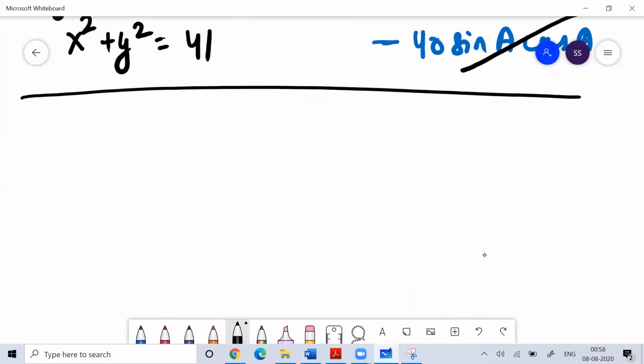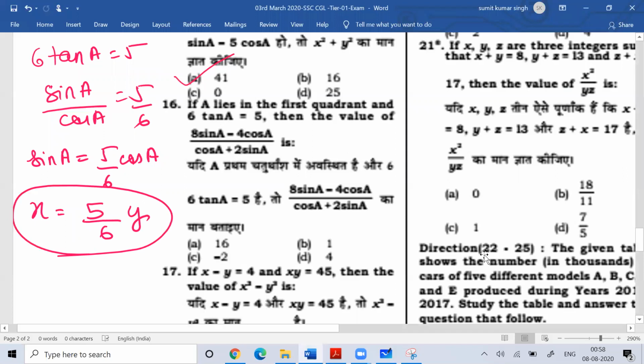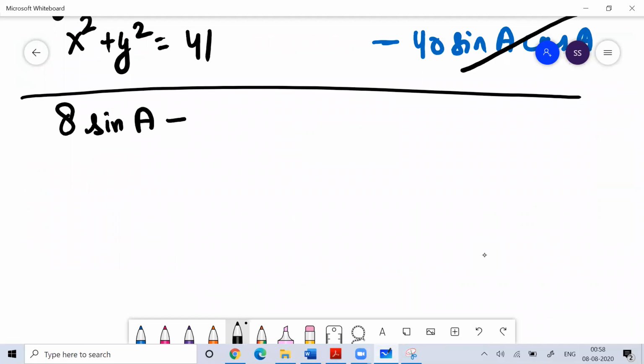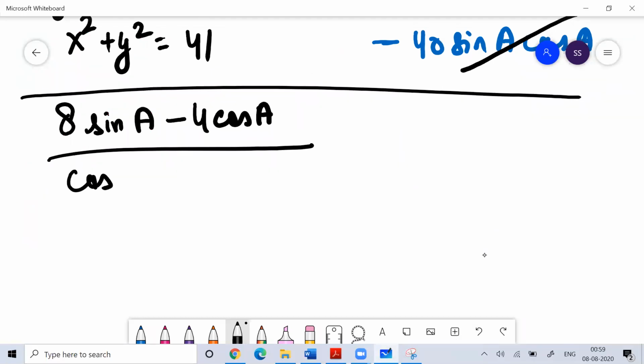So you have to find 8 sine A minus 4 cos A, divided by cos A plus 2 sine A. This you need to solve.